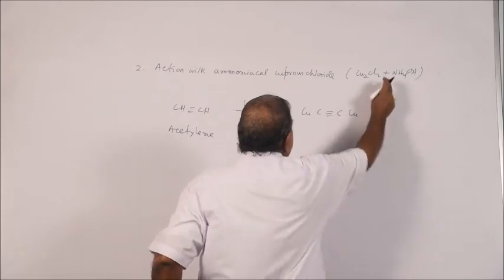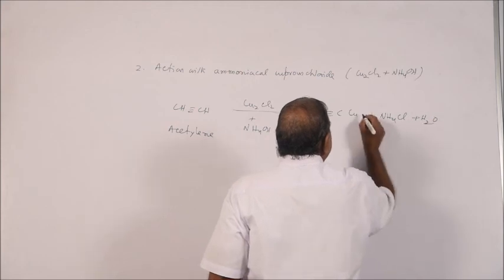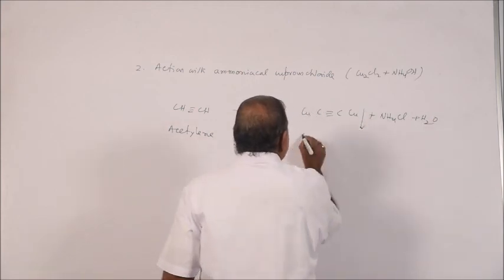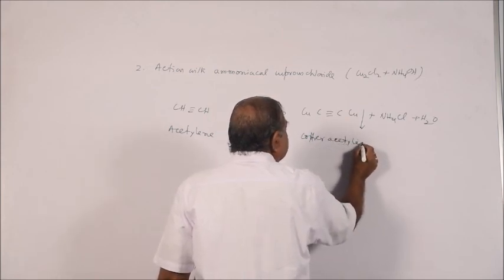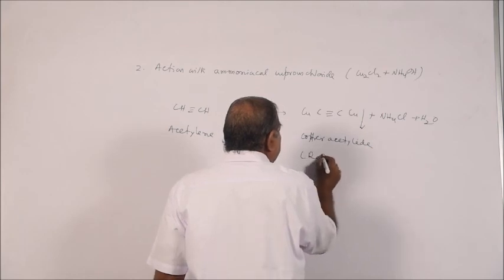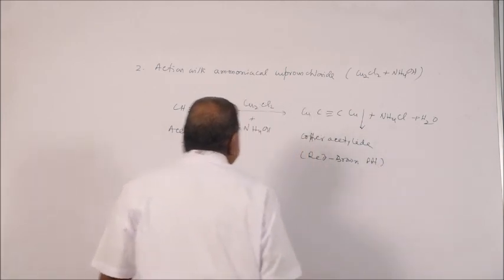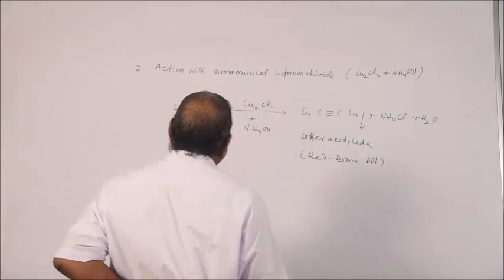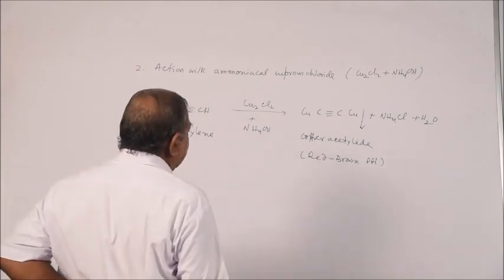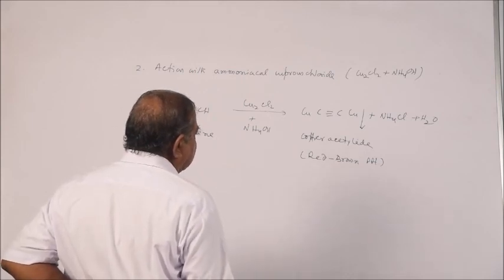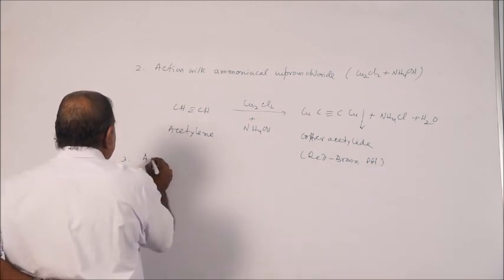HCl is formed, and HCl reacts with ammonium hydroxide to form ammonium chloride and water. This is a solid, copper acetylide, which is a red brown precipitate. So easily you can use this test to distinguish between ethylene and acetylene. Ethylene will not respond to this reaction, whereas acetylene will give a red brown precipitate of copper acetylide when passed through ammoniacal cuprous chloride.